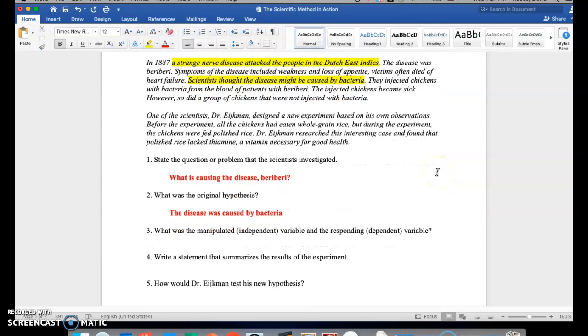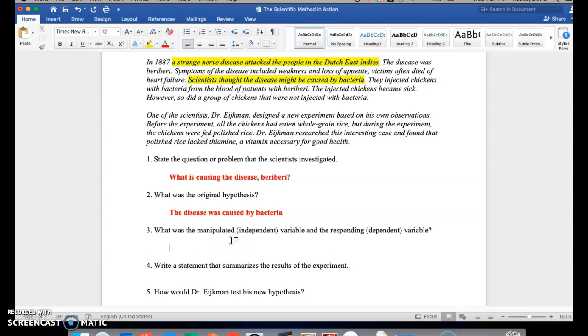So now we have to look at the experiment. It says they injected chickens with bacteria from the blood of patients. The injected chickens became sick, and however, so did the others. So what were the variables here? So we're going to go with the independent, and then we will do the dependent.